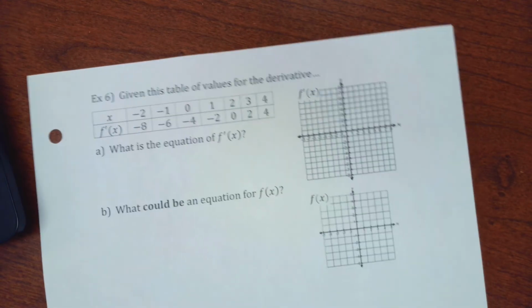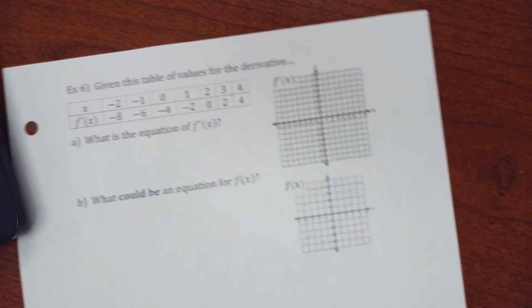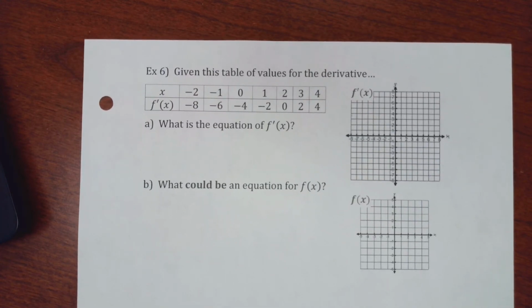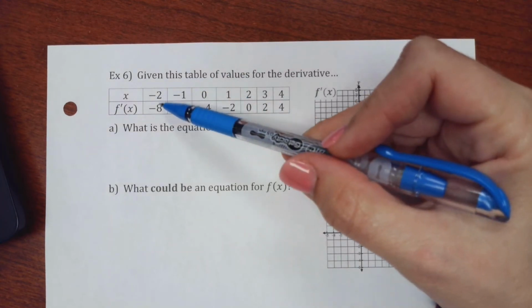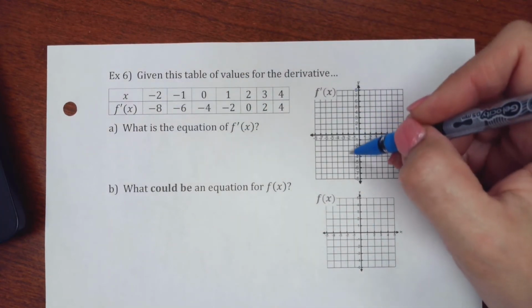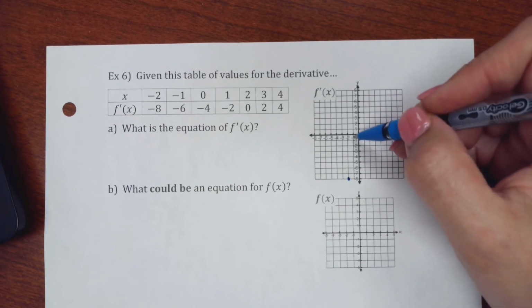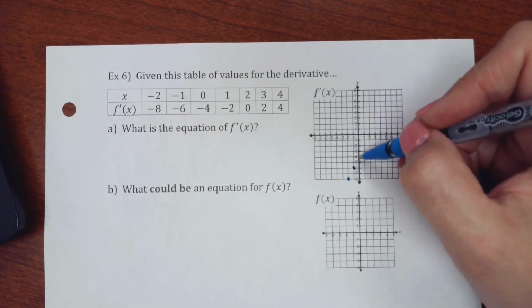All right, so let's go ahead and look at this one. Given this table of values for the derivative here. So what's the equation of f of x? So let's go ahead and draw this out. So -2 is -8. -1 is -6. 0 is -4.